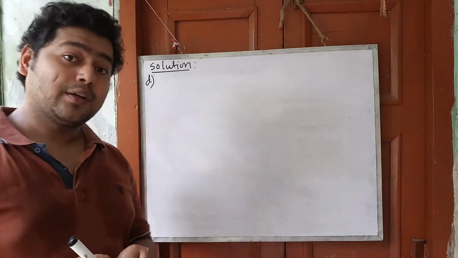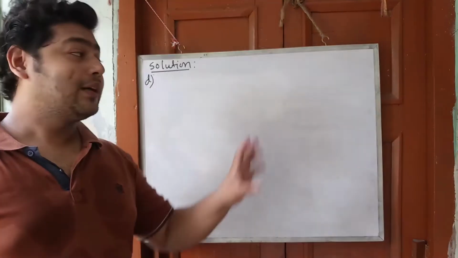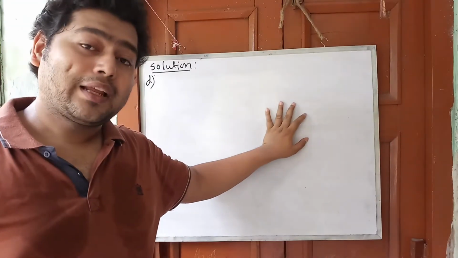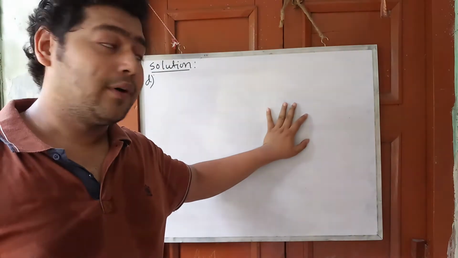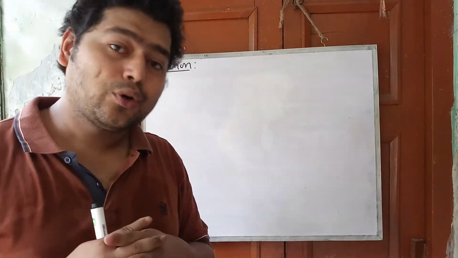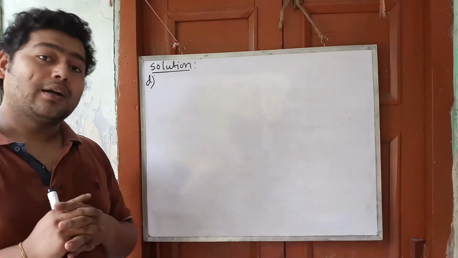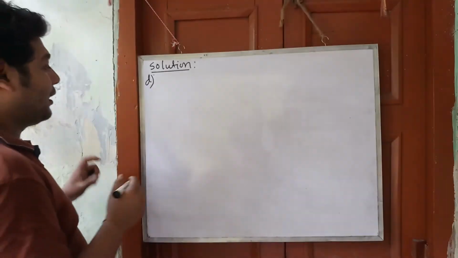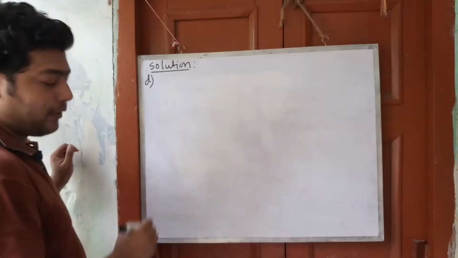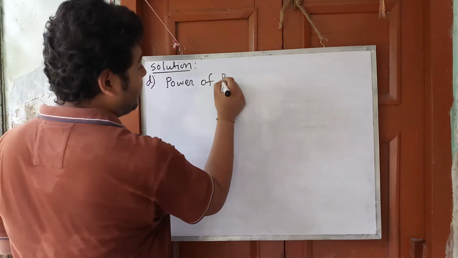In our first part, we will calculate the power for the primary coil, and in our second part, we will calculate the power for the secondary coil, and then we will compare these two powers and we will get our answer. Now the first part is for power of primary coil.